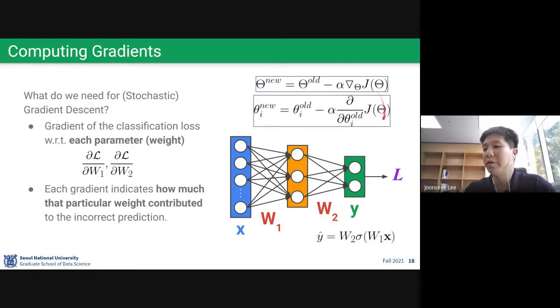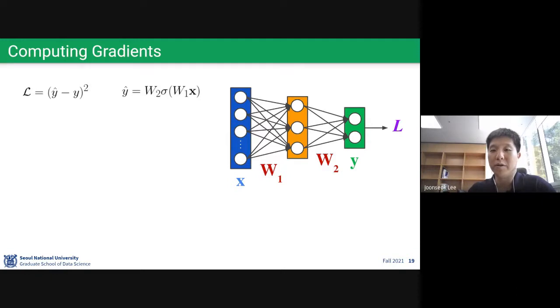That was the gradient descent we have learned in the previous lecture. So what we need is this part: the derivative of the loss with regards to W. Each gradient indicates how much that particular weight contributed to that incorrect prediction, and we would like to compensate for it by updating in the opposite direction.